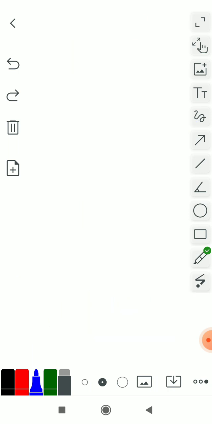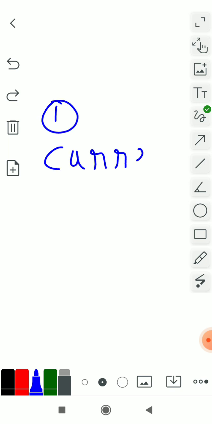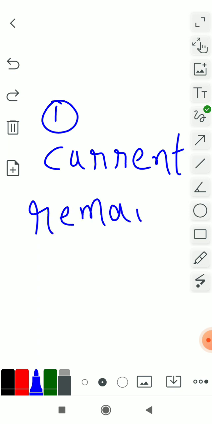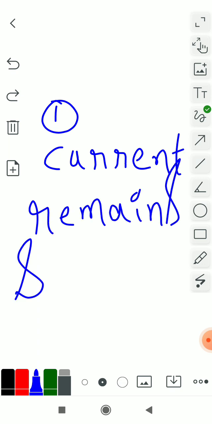What is the main thing in series connection? Current remains the same.